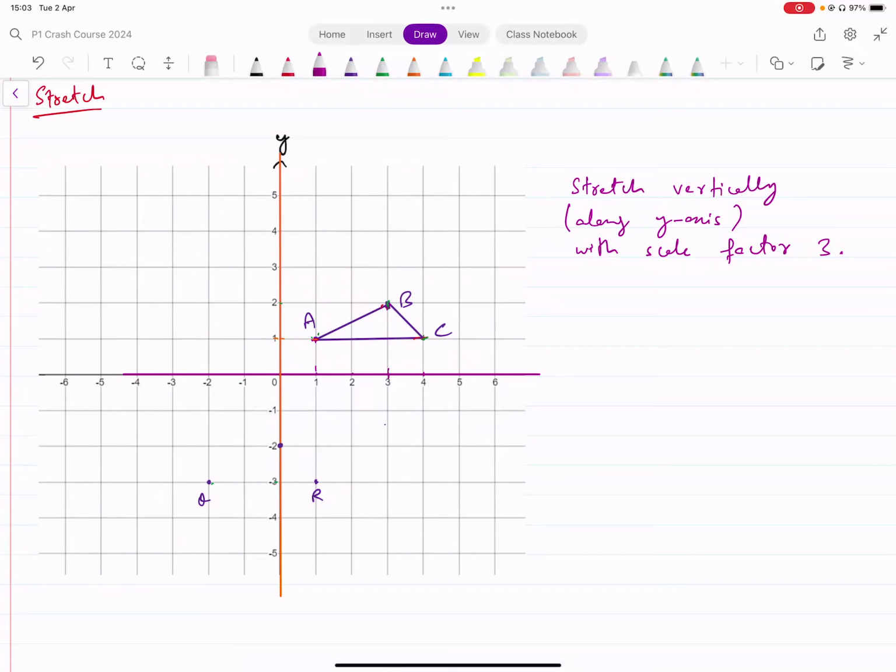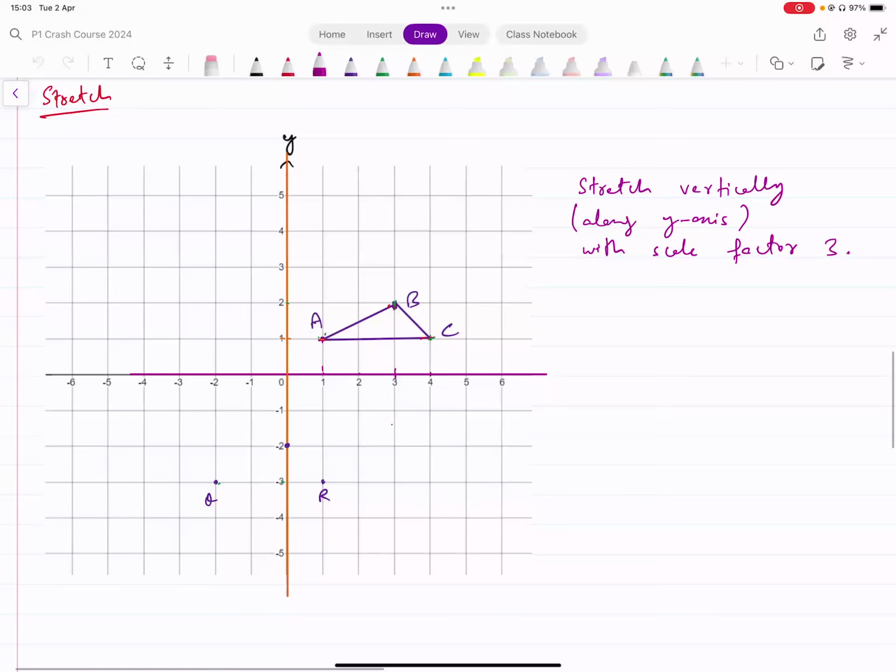All right. Now, vertical stretch means the movement of the graph has to be vertical. Now, this is going to be your reference line. Since you want to move the graph vertically, the x-axis is going to be your line of reference now.